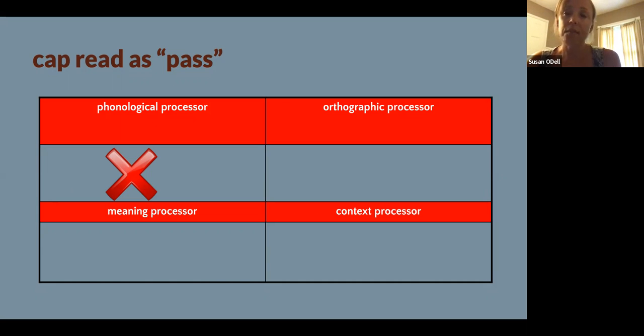This student has some knowledge of short A and the sound that P makes, but they are unable to sequence the phonemes in the word correctly, and/or they are unable to hold on to those individual sounds to be able to blend the word correctly. These students may sound out cap as k, a, but when they blend it together, they're unable to hold those sounds and put them in the correct sequence to be able to read the word. This is definitely an area of phonological processing, and I would want to dig deeper into this student's phonological skills.